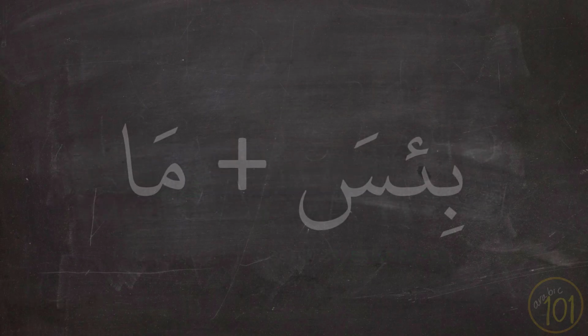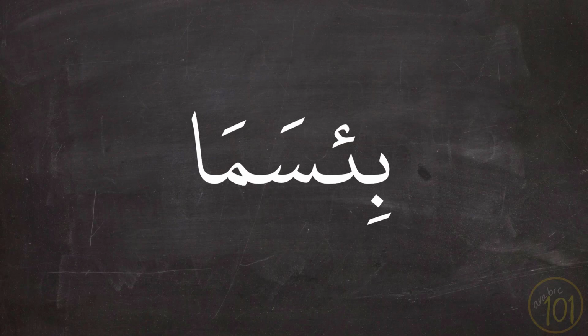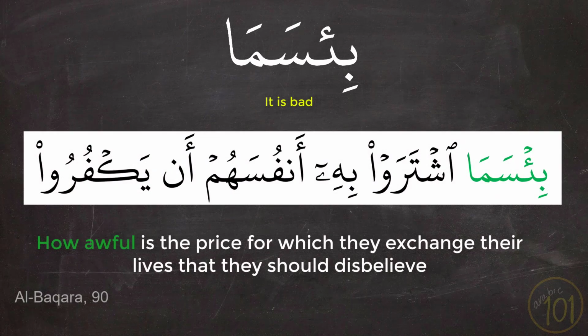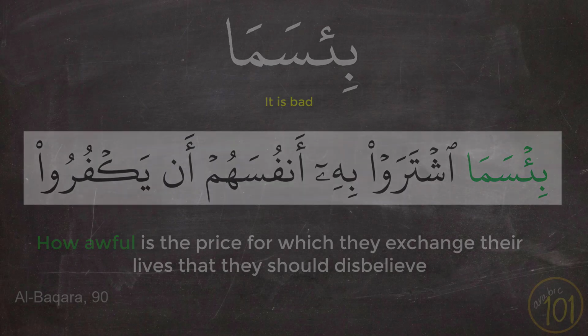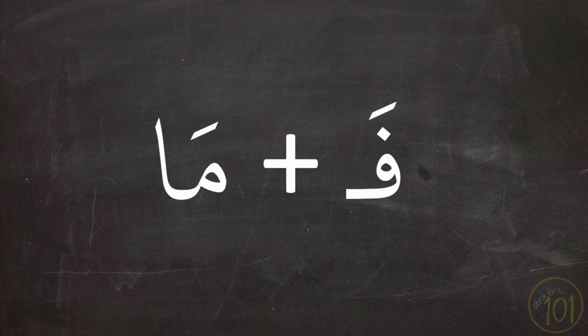The opposite would be the combination of بئس and ما, and the combination would be بئسما, and it means it is bad, like in this example. بئس ما اشتروا به أنفسهم أن يكفروا.